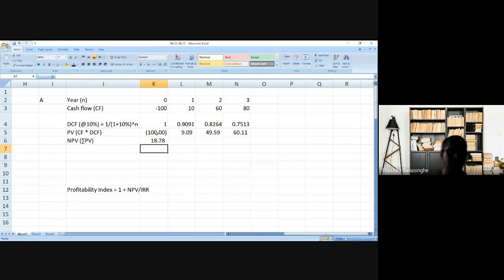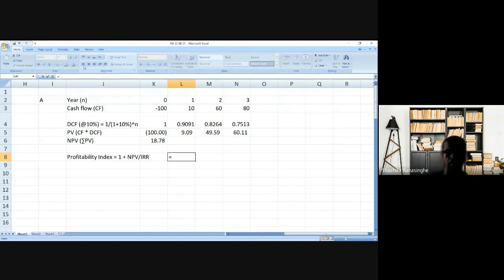NPV is 18.78, divided by investment. The profitability index is 1.19.